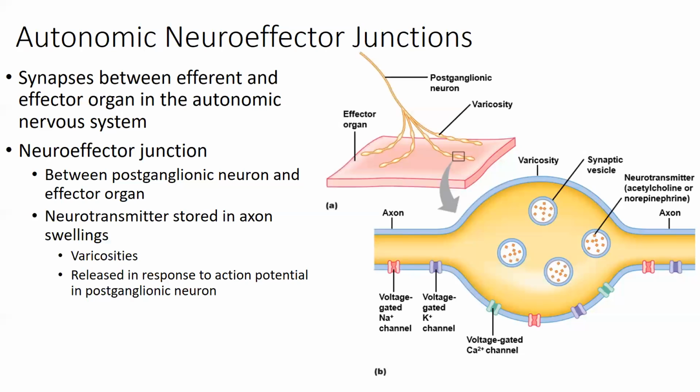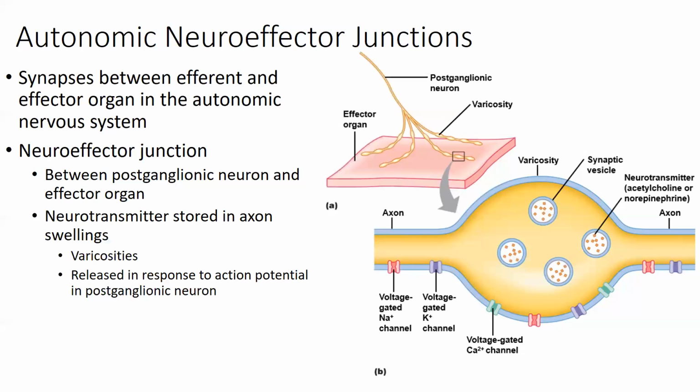Now, instead of axon terminals, what we have here are swellings called varicosities. All right, so these are called varicosities. Now, if we look closer at what happens with a varicosity, let's draw this a little bit more magnified here.